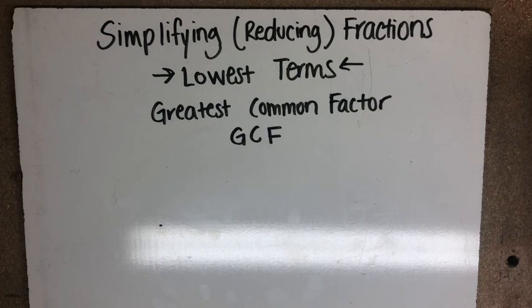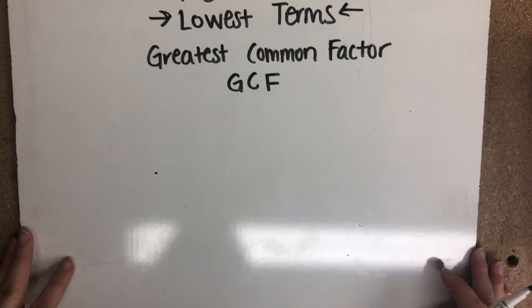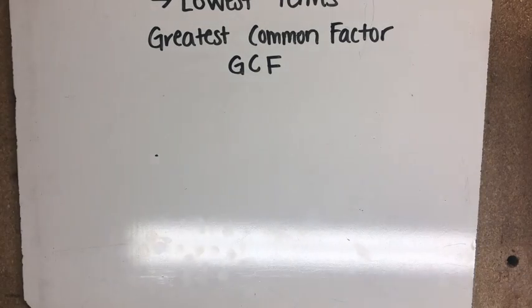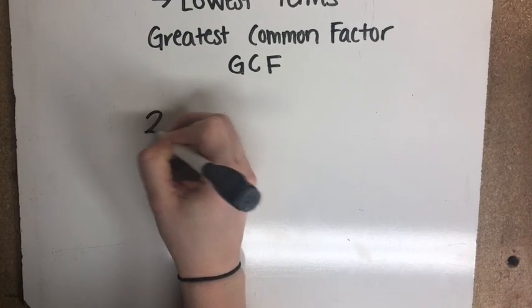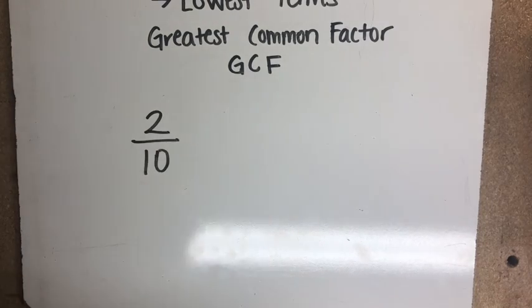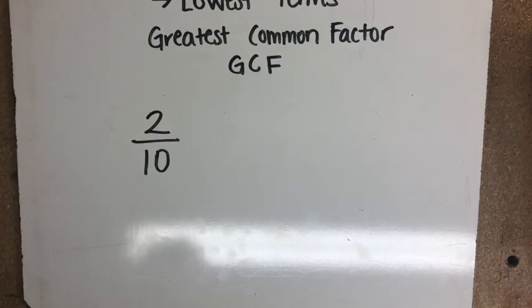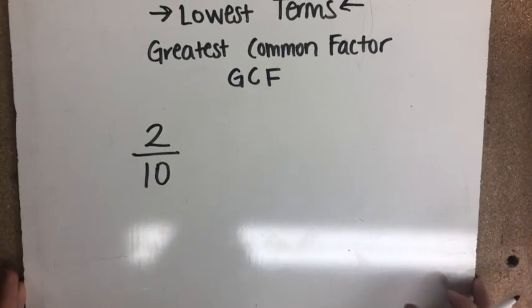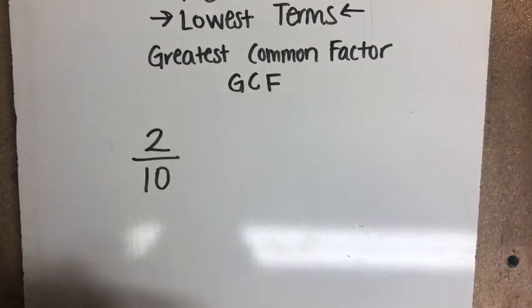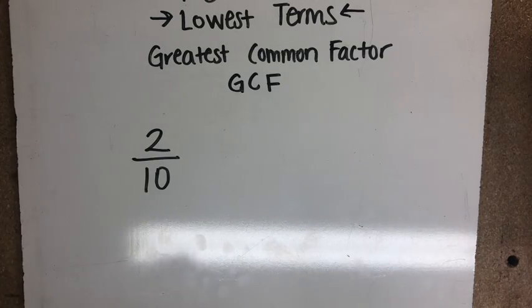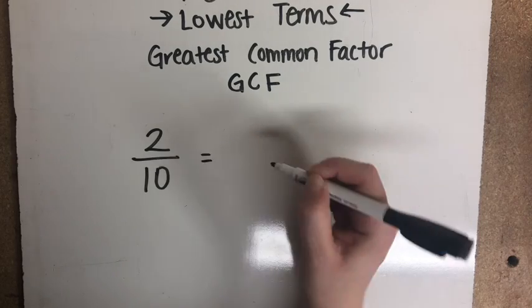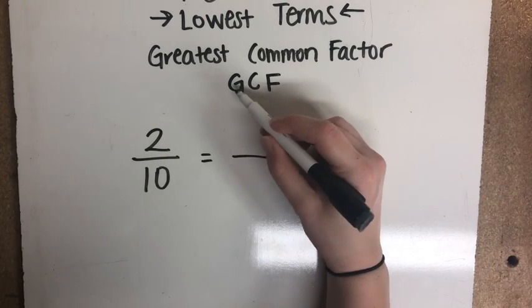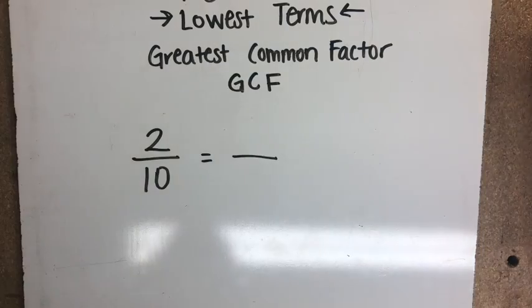Let's find out what the greatest common factor is with an example. I'm going to give you the example of 2/10. 2/10 is a fraction, and I will tell you it is not written in its lowest terms. We need to simplify it. To figure out what that simplified fraction would be, we're going to find the greatest common factor.